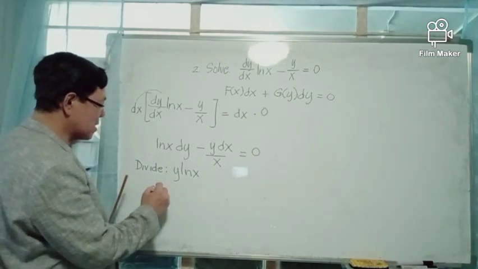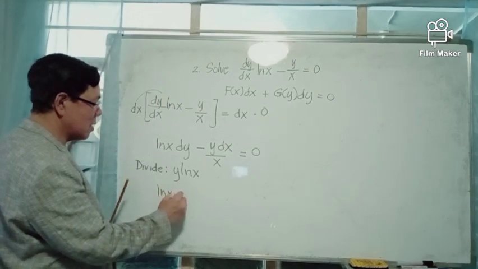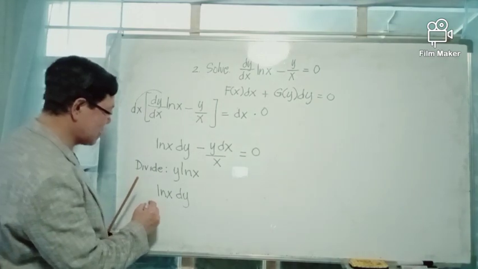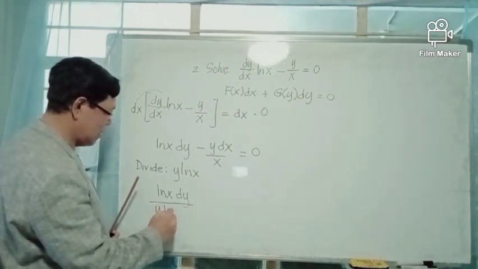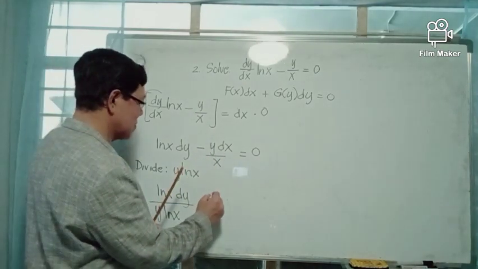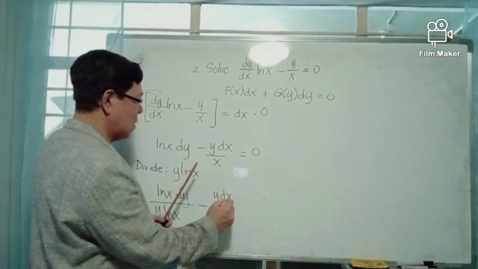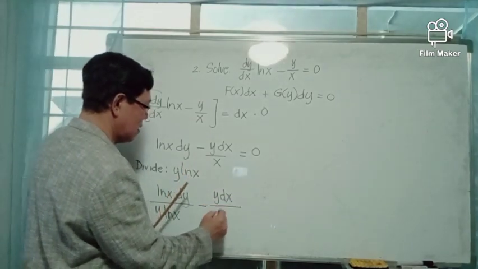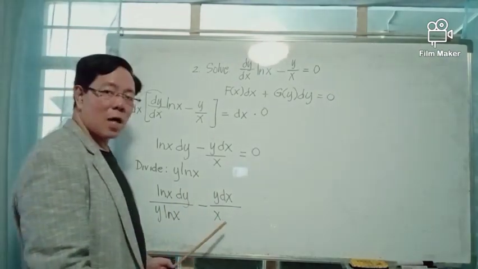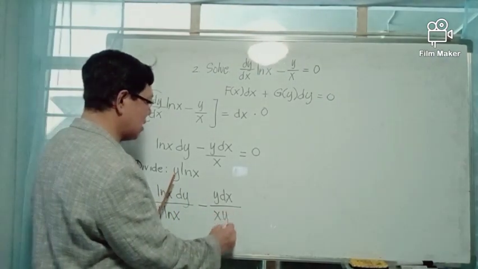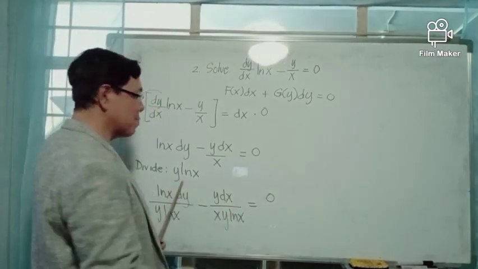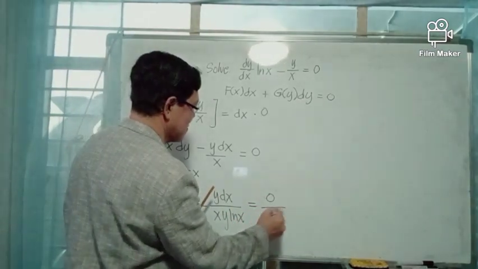The first term is ln of x dy. We divide by y ln of x, minus y dx over x, and we divide this by y ln of x. So x will be multiplied by y ln of x, equals 0. Divide by y ln of x.